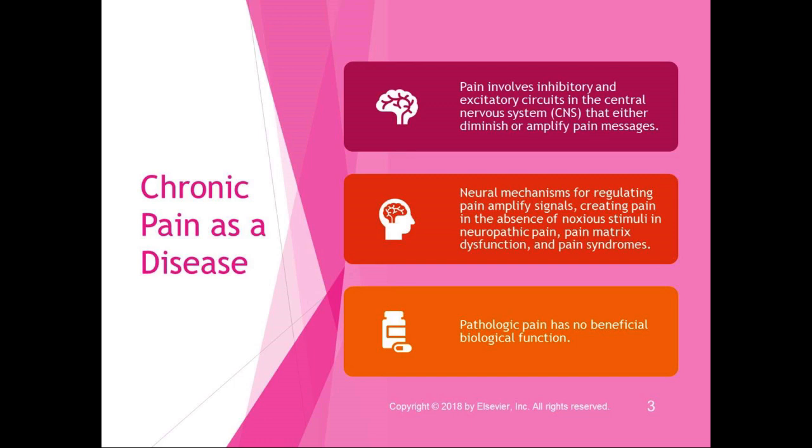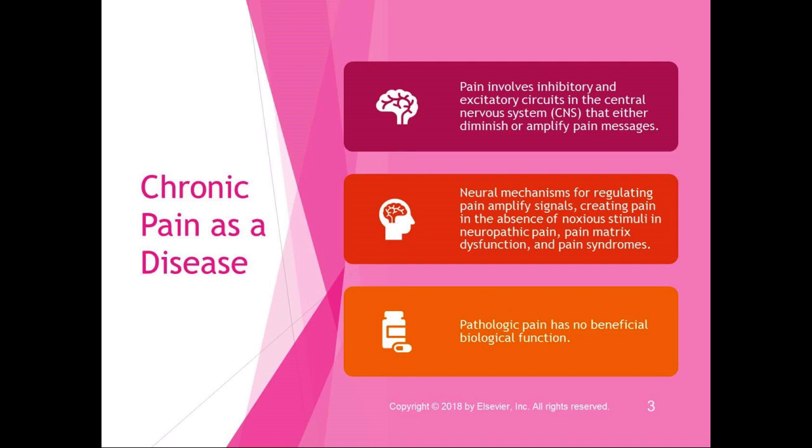So chronic pain involves inhibitory and excitatory circuits in the central nervous system that either diminish or amplify the pain message. In neuropathic pain, those neural mechanisms are amplifying pain signals and creating pain in the absence of noxious stimuli. So it's like the malfunctioning car alarm. There's nothing happening to the car, but the alarm siren is still going.